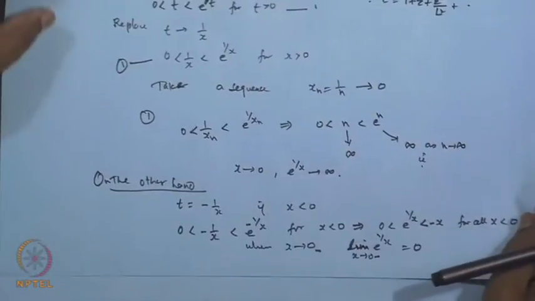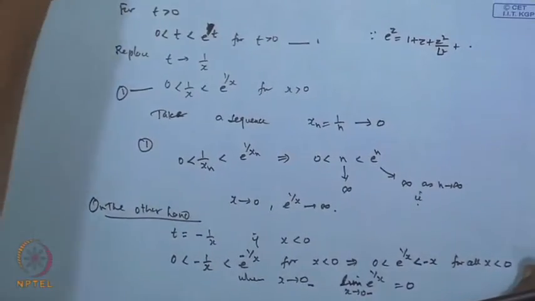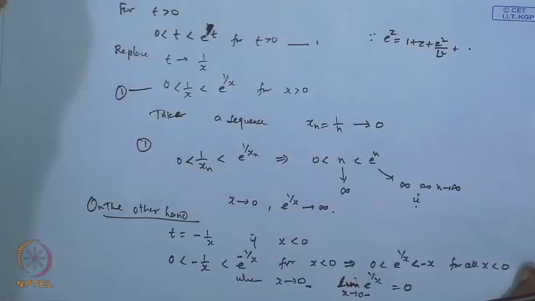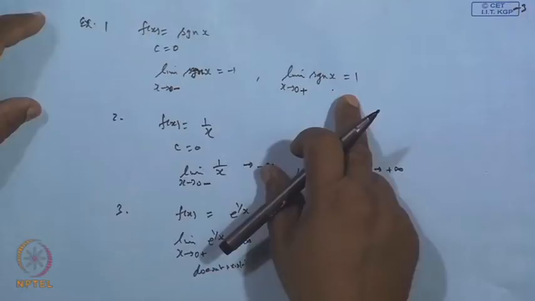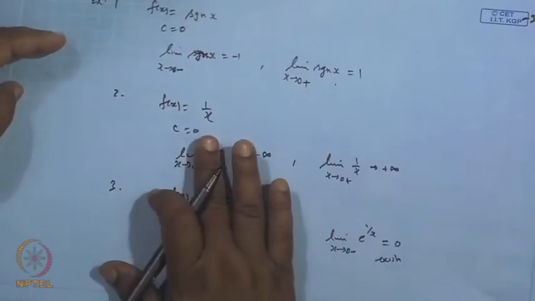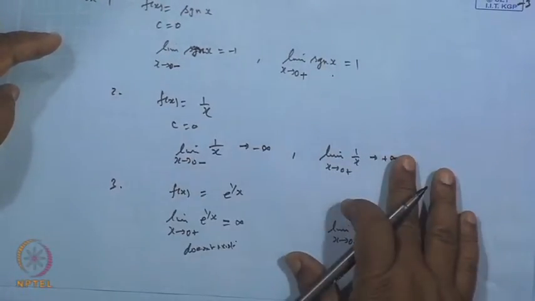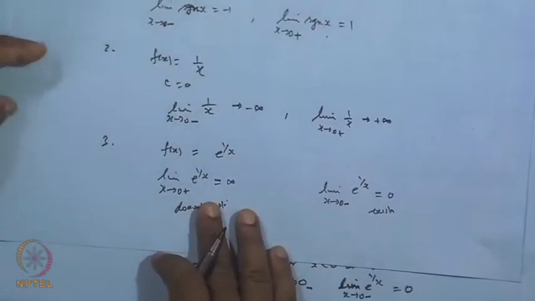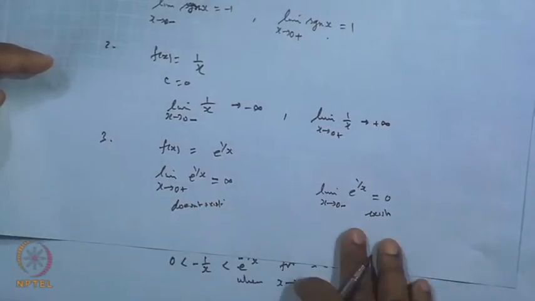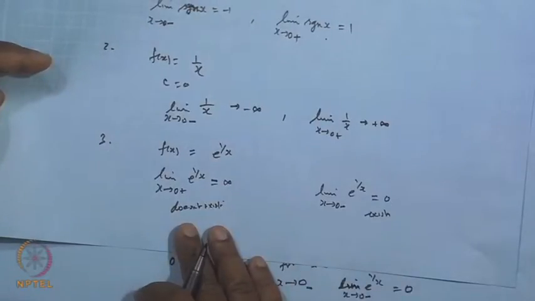So, we have seen three examples. One is when the left hand limit and right hand limit both exist, but they are different. Second case, when neither the left hand limit nor the right hand limit exists as a finite number, and it comes out to be infinity or minus infinity. While in the third case, only the left hand limit exists, and the right hand limit does not exist.